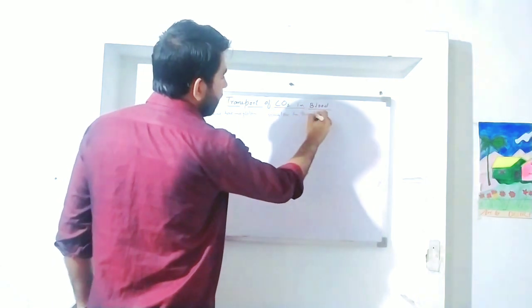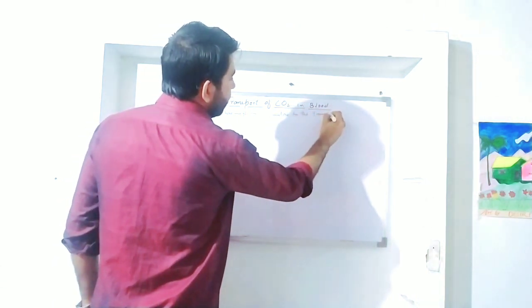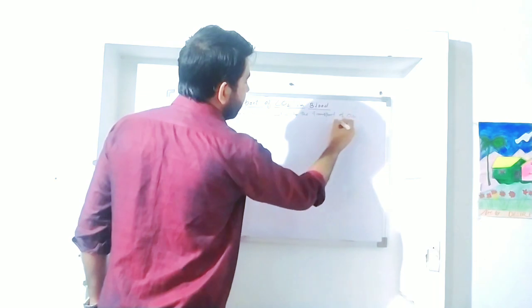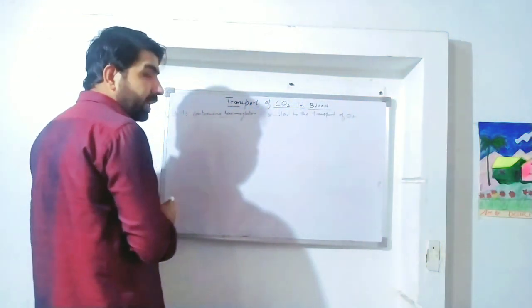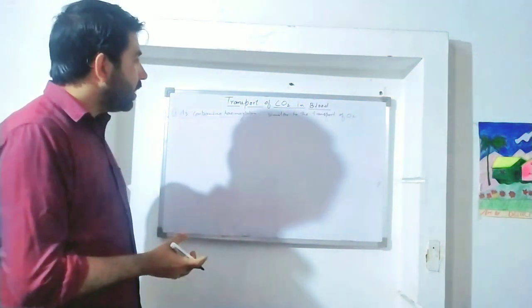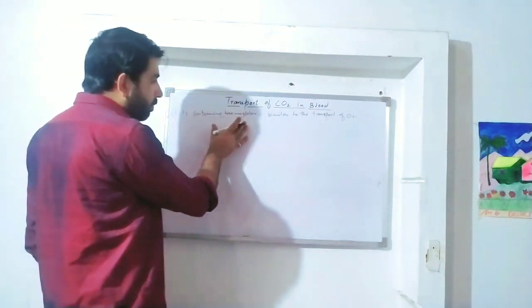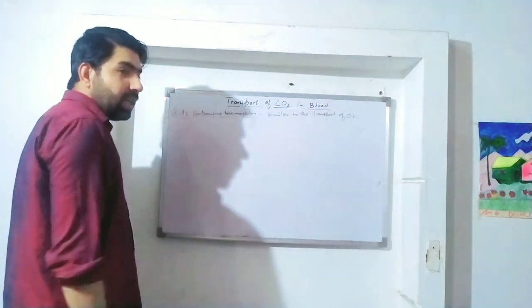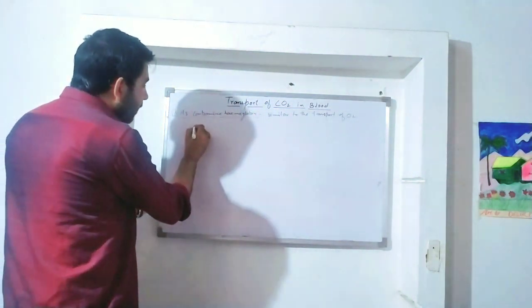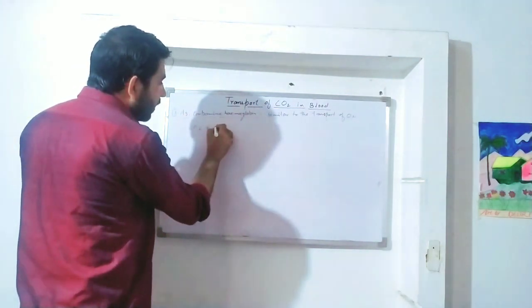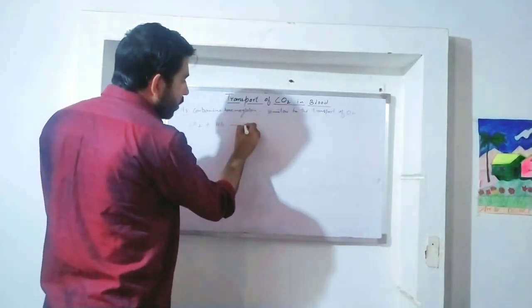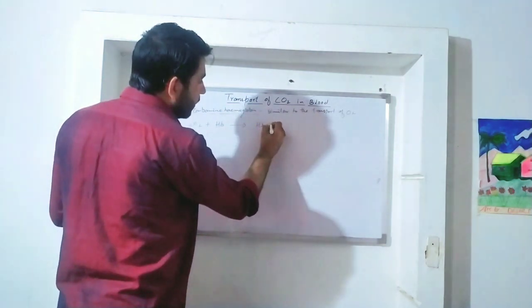Now carbaminohemoglobin is similar to the transport of oxygen, where oxygen reacts with the hemoglobin. Similarly, when carbon dioxide is transported as carbaminohemoglobin, carbon dioxide reacts with the hemoglobin to form HbCO2.